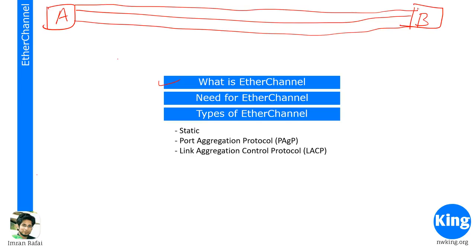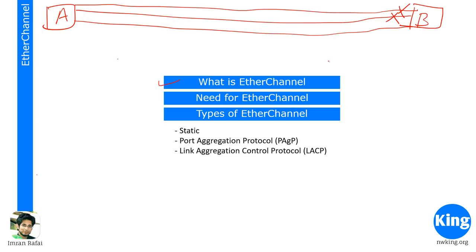Knowing what we know so far, the minute we put three redundant links between switches A and B, STP would kick in and do what it has to do, and all but one link will get blocked, depending on the STP algorithms we learned in the last video.